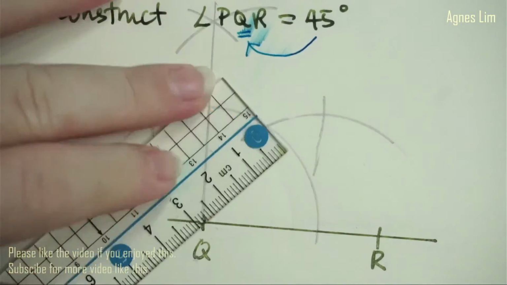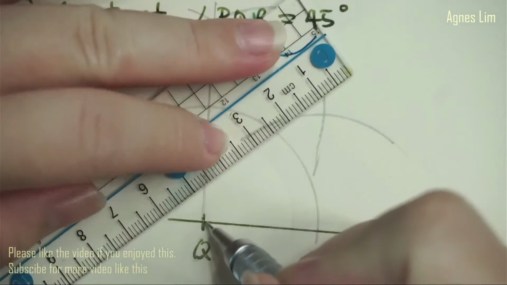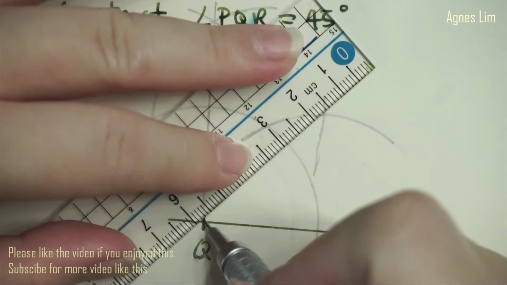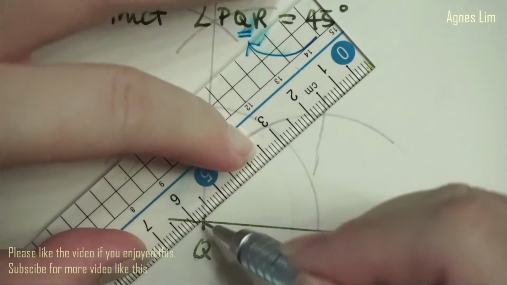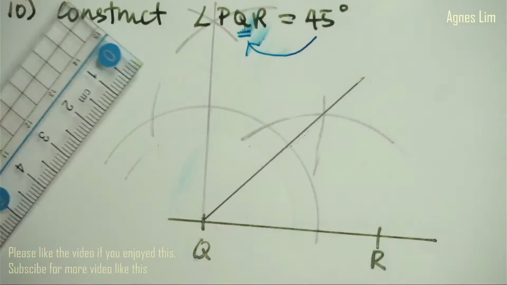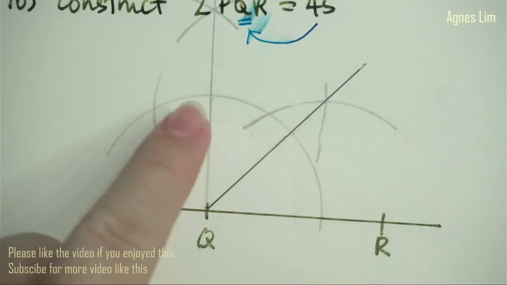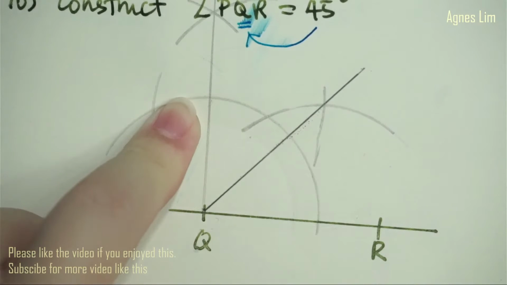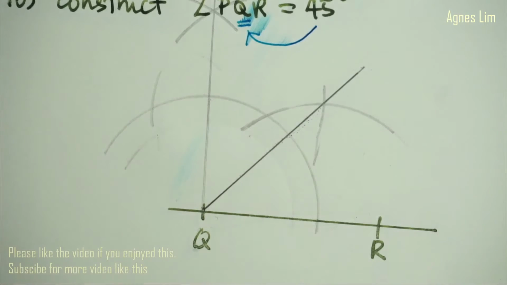Now this time we need to make the line obvious because that is our main answer. Right, so make it obvious like this. It must be more obvious than the 90 degree that we use as a guide to create a bisector of 45 degree. Alright, so I'm going to check.